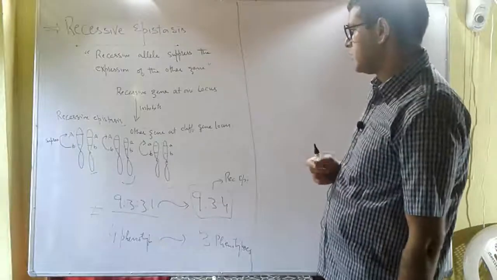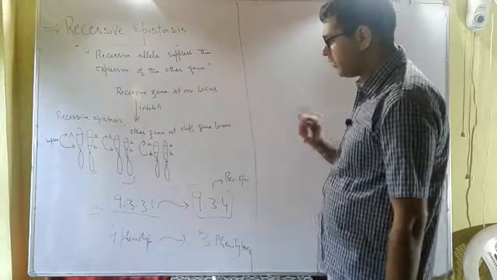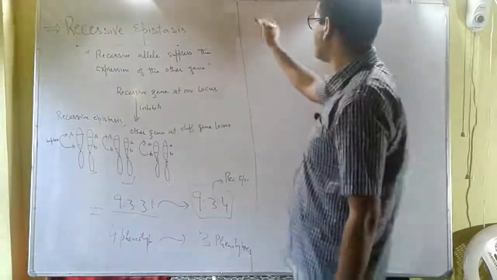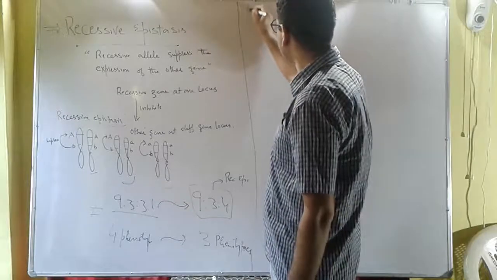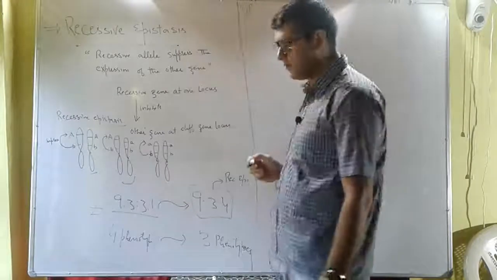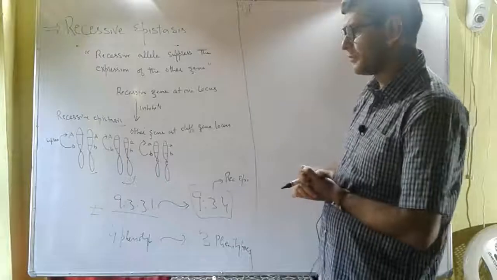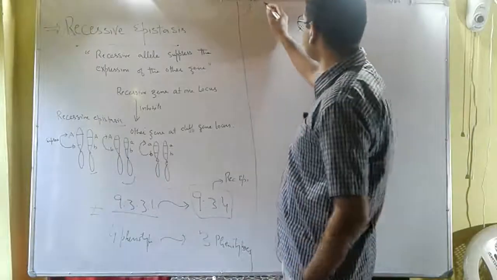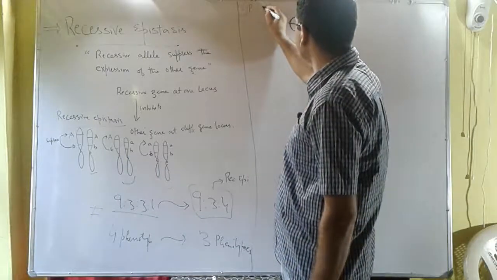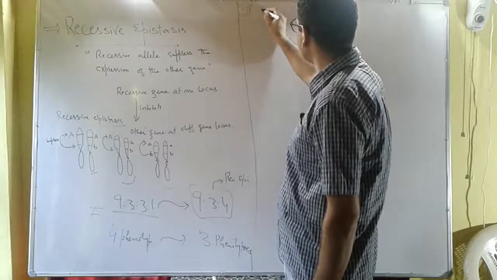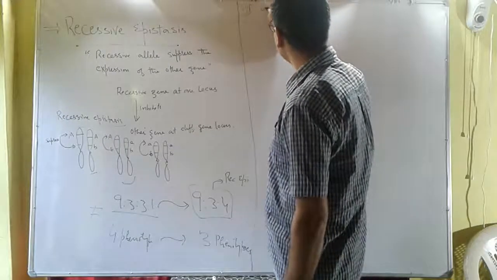So this was recessive epistasis. Now, how can we explain recessive epistasis? We will take the example of onion color.